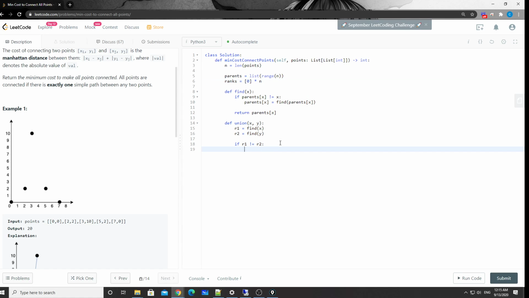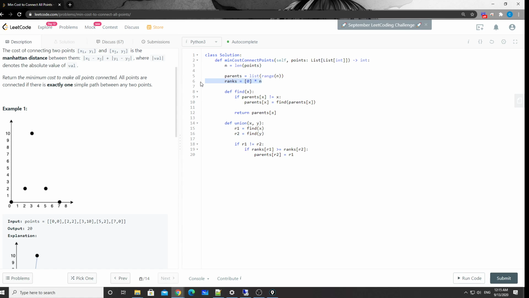Basically, if the rank R1 is greater than or equal to the rank R2, we assign the parent of R2 to R1. Otherwise, we assign the parent of R1 to R2.